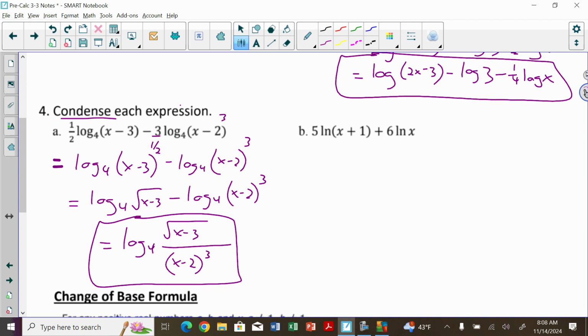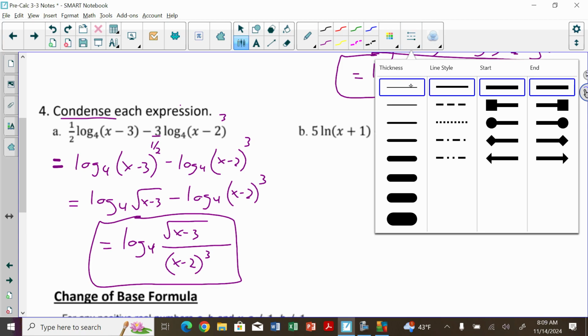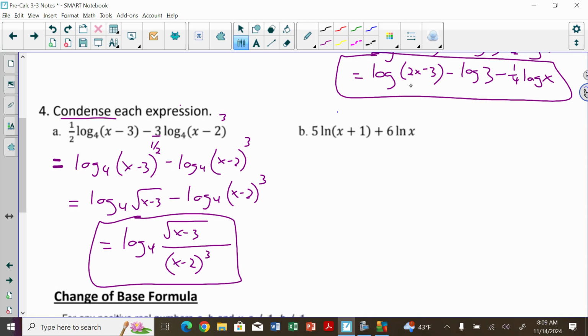Here I have addition, so I'm going to condense this into multiplication. This one will go a little quicker. The first thing I can do is move that 5 up here, and move this 6 up here to the exponent. So it would be natural logarithm of (x plus 1) to the 5th power plus natural logarithm of x to the 6th power.